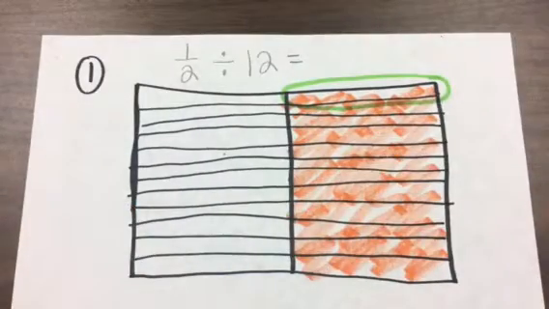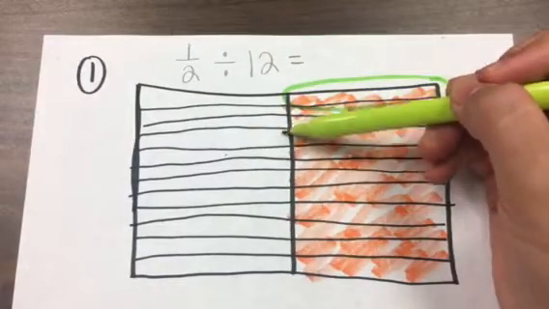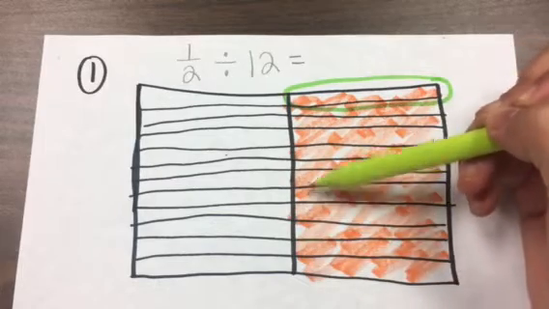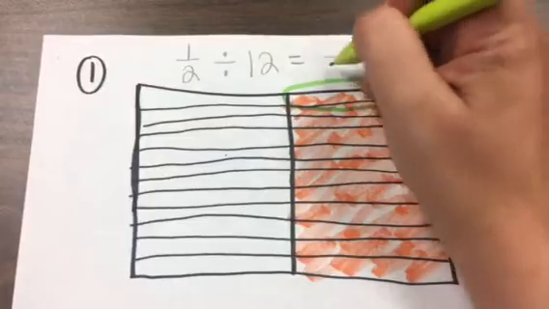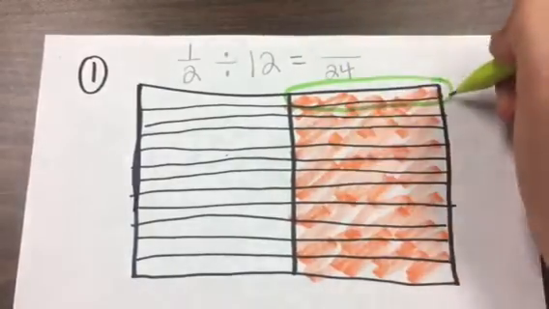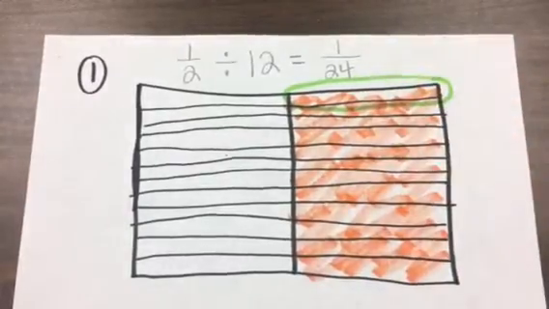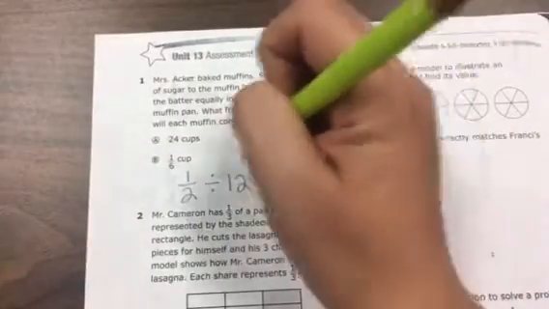Okay, so if you count, you have 1, 2, 3, 4, 5, 6, 7, 8, 9, 10, 11, 12, 13, 14, 15, 16, 17, 18, 19, 20, 21, 22, 23, 24. So 24 total, and I only want one of them, okay? So 1 out of 24 would be your answer, which is letter D.